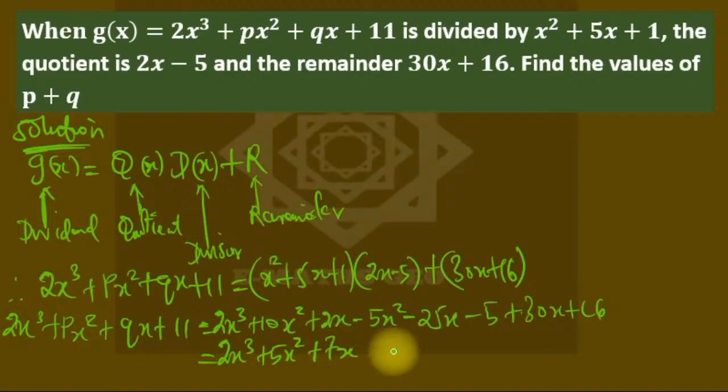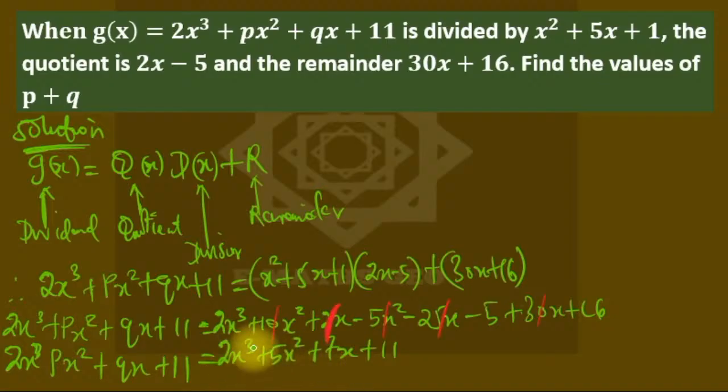Let me use red to mark the ones we are done with. This and this are gone. This and this give 5x plus 7x. Finally we have the constant, which is minus 5 plus 16, which is 11. So this is plus 11. If you look at the left hand side, they are equal, so you compare.